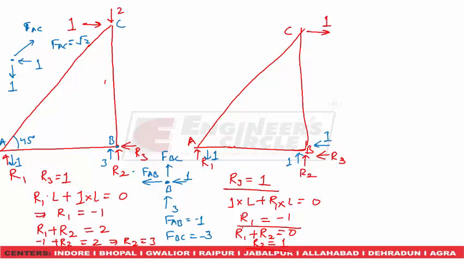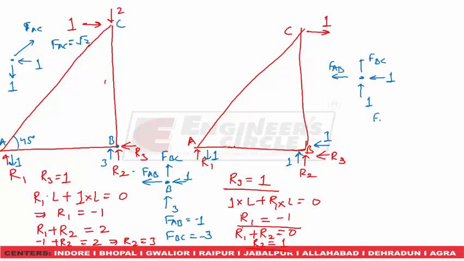Analyzing the truss, again at joint B, from here it is unit force, from bottom it is 1, here FAB, here FBC.